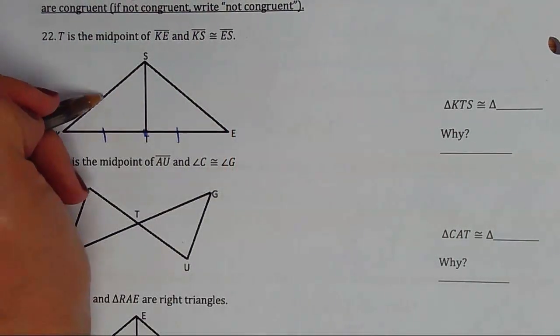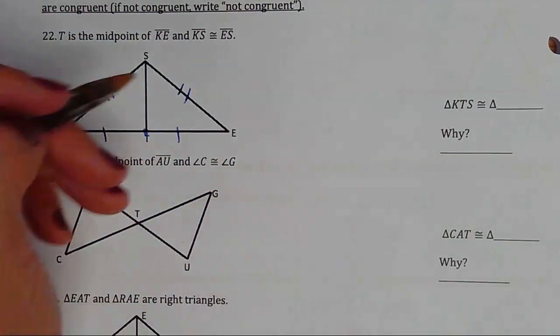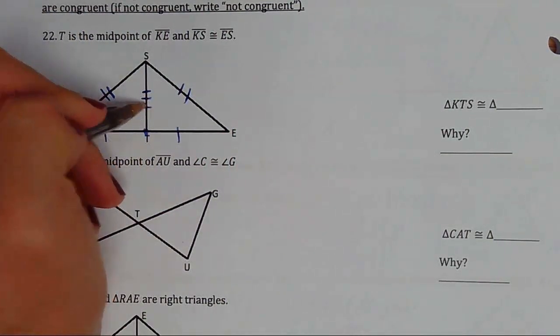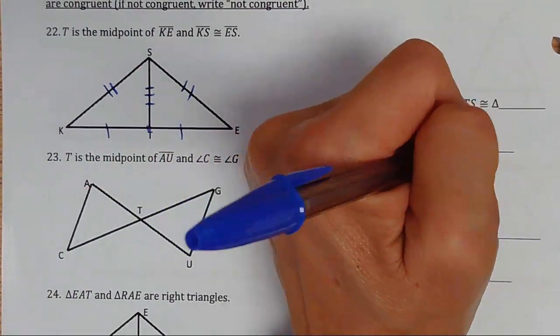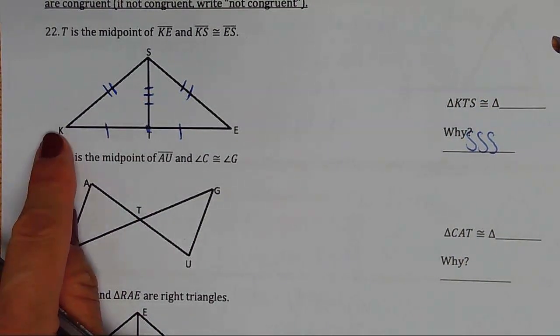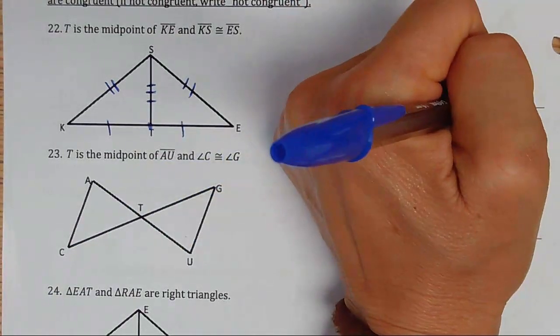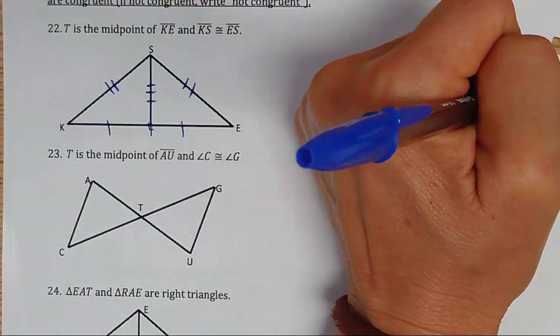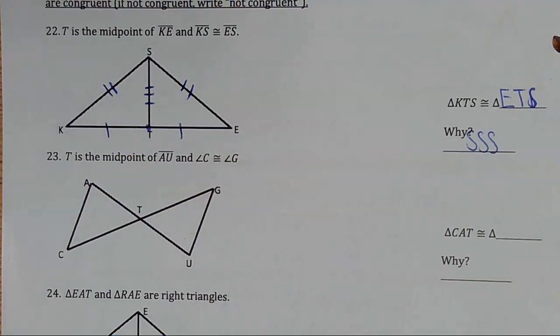It also tells you that KS and ES are congruent. Well, this is a shared side, so that means all three sides are congruent. So the reason would be side, side, side, and we would say KTS is congruent to ETS, from E to T to S. We mimic that order.